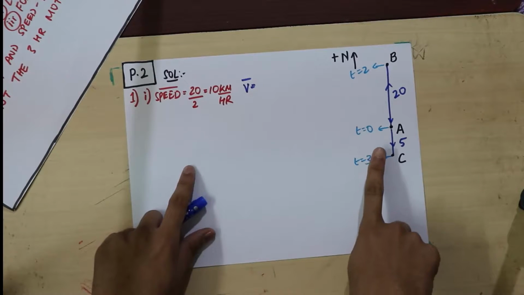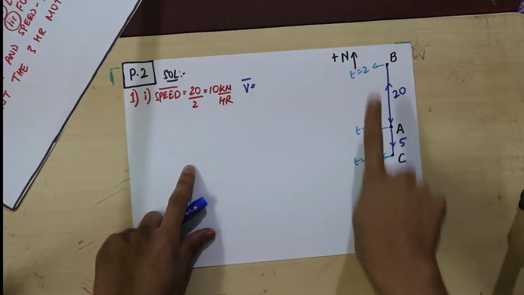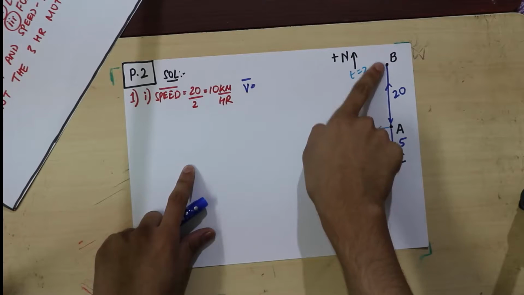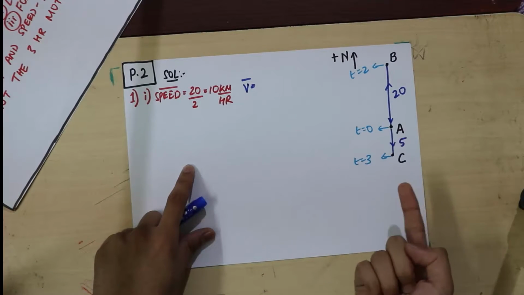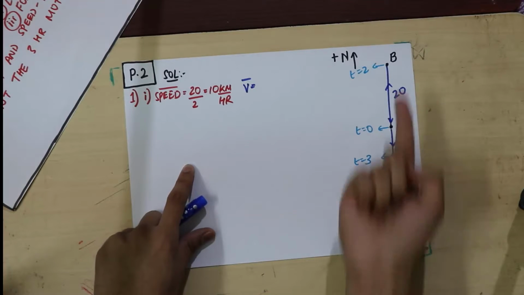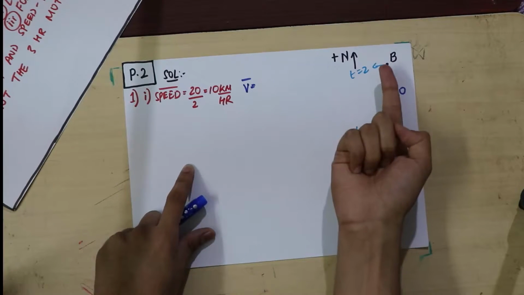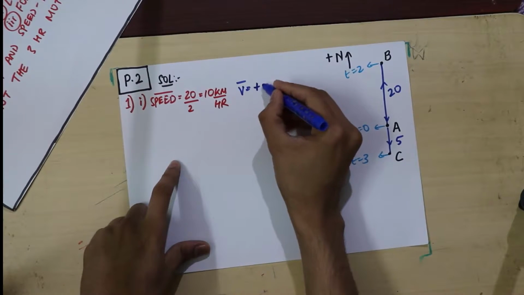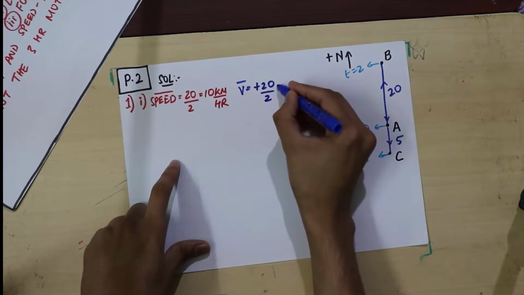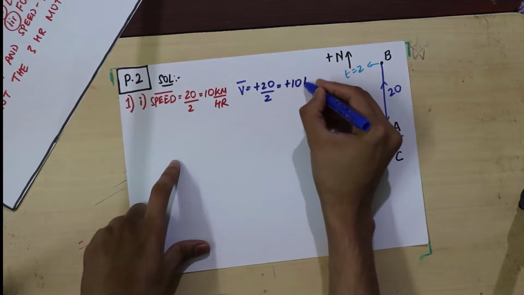So his displacement is 20 along the positive direction. If you do final minus initial, you get a positive 20. Or I just like to see he moved this way, so his displacement is this way, and this is positive because I chose that as positive. So his displacement is plus 20. The time he took is 2, so he gets plus 10 kilometers per hour.